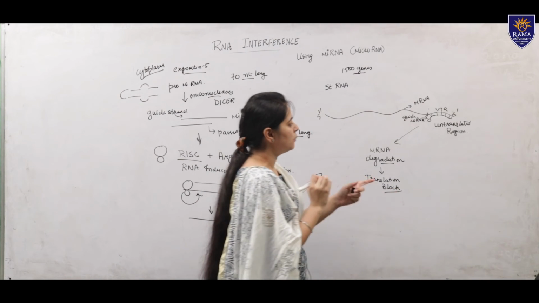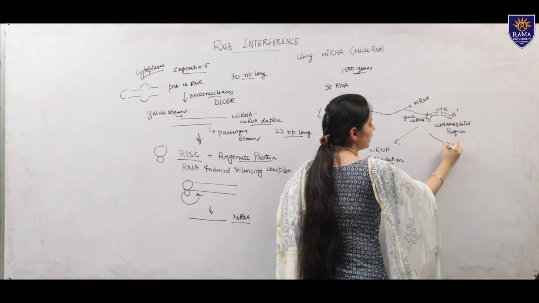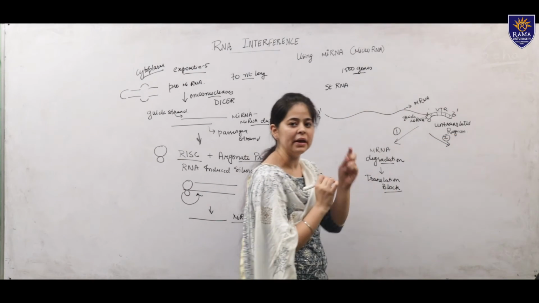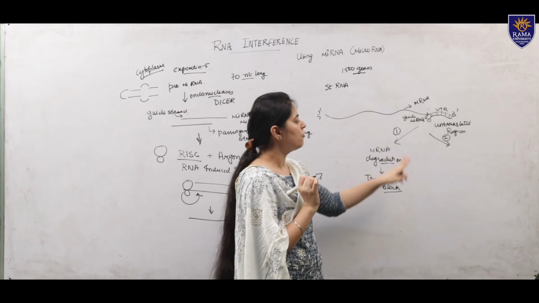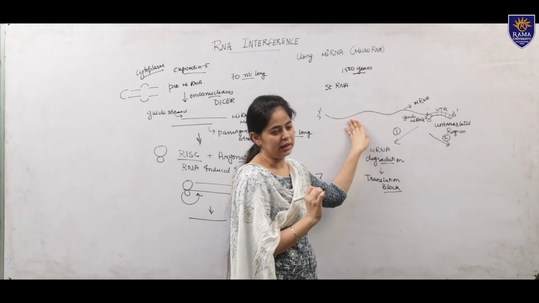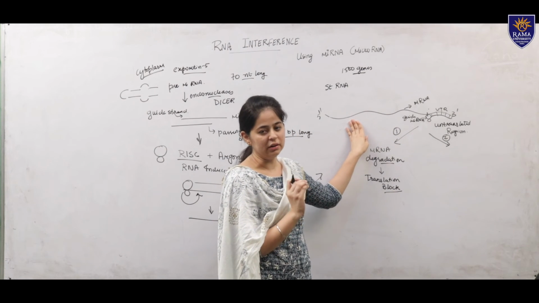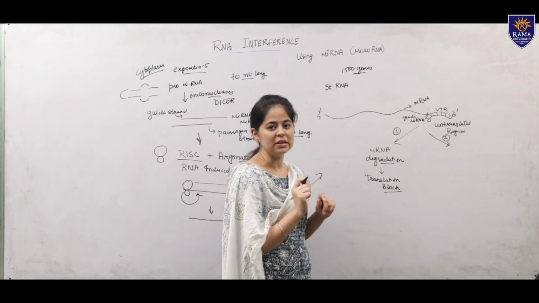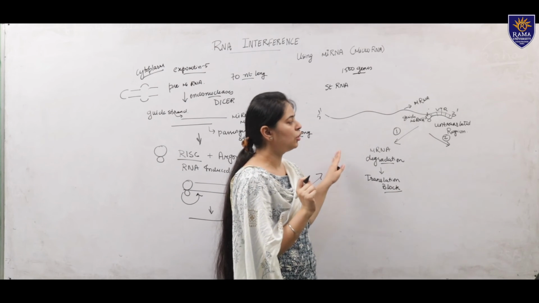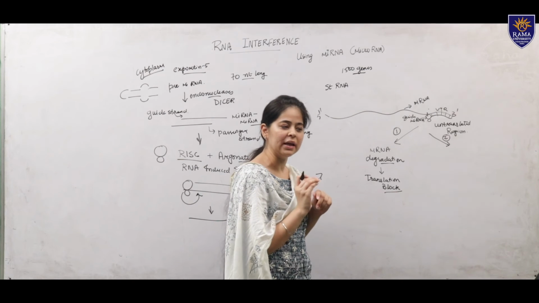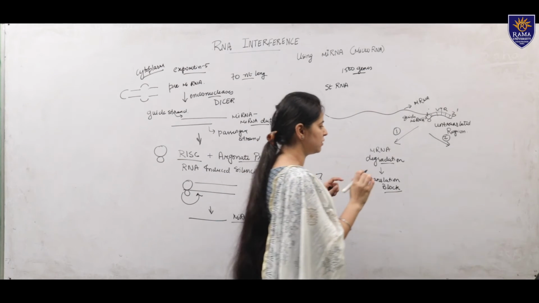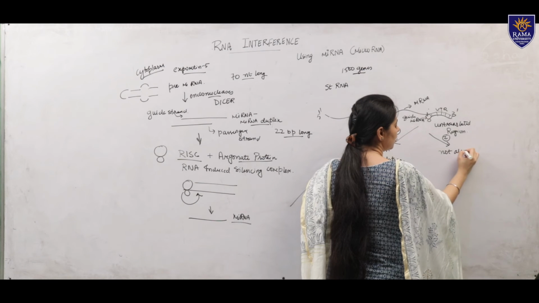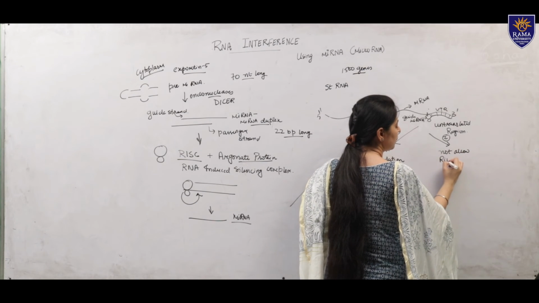In the second process, what will happen? It will block the ribosome from coming and binding to the mRNA, and since the ribosome is very essential for the formation of the protein, for the translation process to happen, it will not allow translation to happen and thus it will block the translation process.